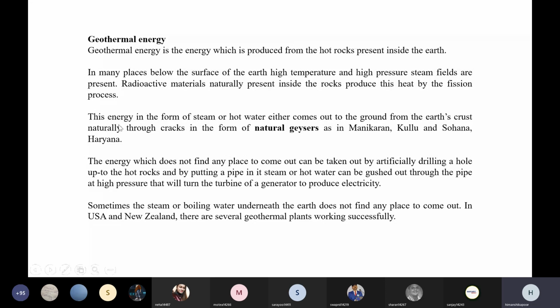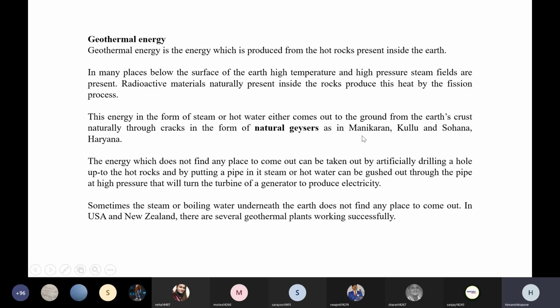We have been using these hot springs or geysers since time immemorial, for bathing, cooking and heating buildings. For all these purposes, these natural geysers are being used, and in India we can see them readily in Manikaran, in Kullu.